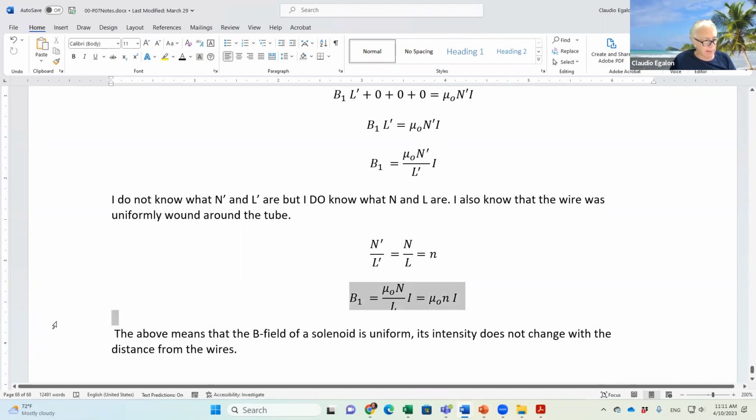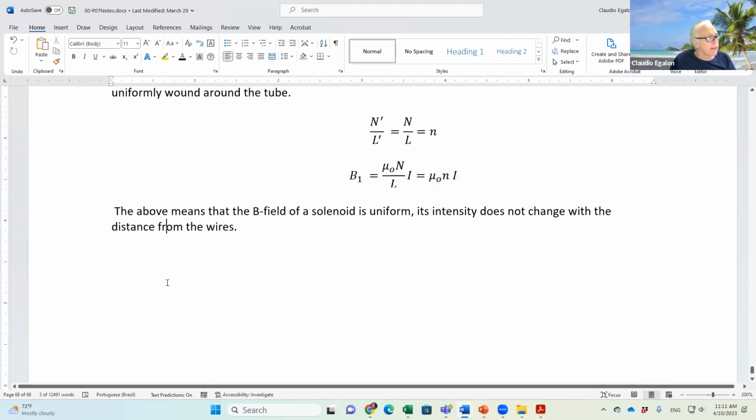So we can write it down like that. I'm going to write down the final solution here.